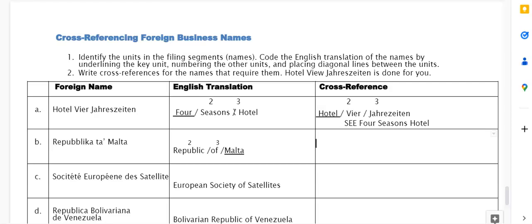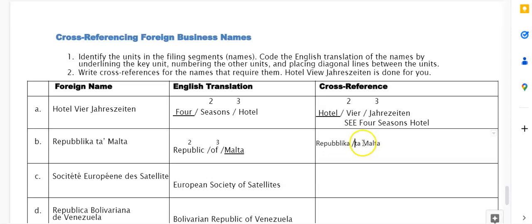Okay, so our cross-reference is going to be Republica, and I'm making sure that I don't misspell this. Okay, and just like before, I'm not including the punctuation marks.